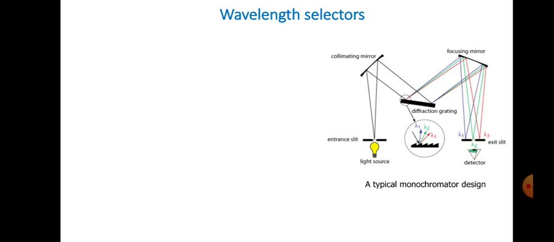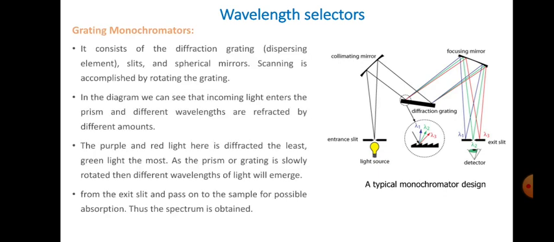So this is a typical monochromator design using the grating monochromator, okay. It consists of the diffraction grating, that is the dispersion element. So these are the diffraction gratings, and this actually has the grooves on the top surface. Scanning is accomplished by rotating this grating. So we can keep on rotating this grating, right.